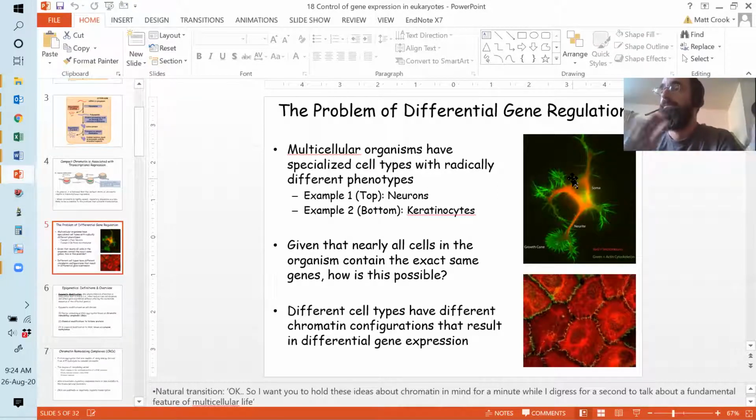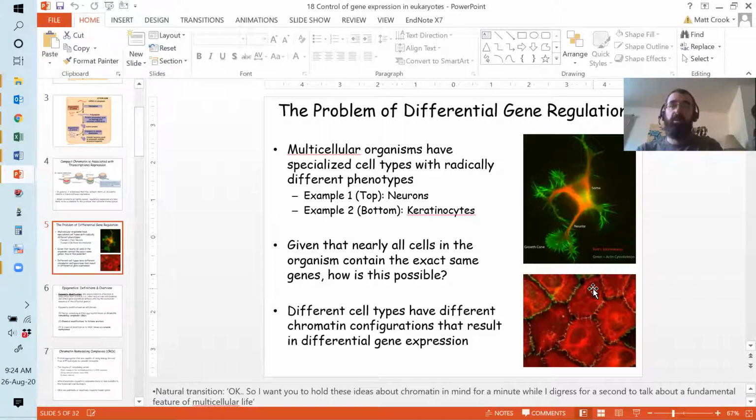But anyway, getting back to the point at hand, this neuron has a very specific function, right? It's to carry electrical impulses from one part of your body to another. And these cells, which are structural cells, either in your skin or in your hair, or maybe even both, I'm not 100% sure, have exactly the same information in them.